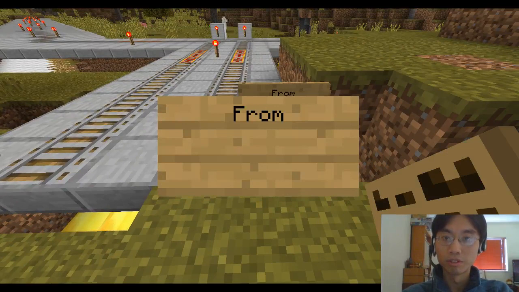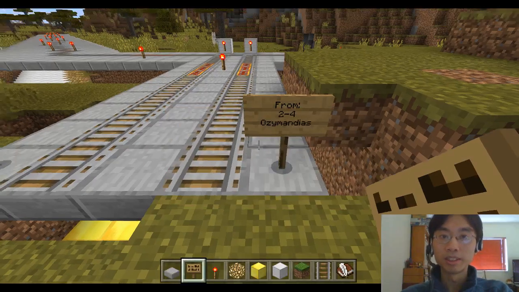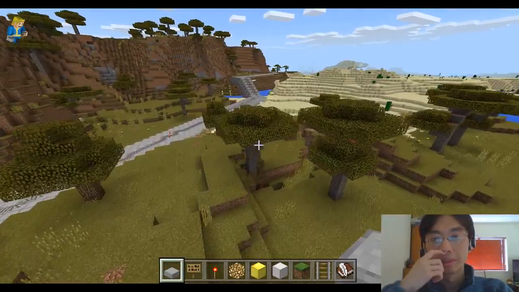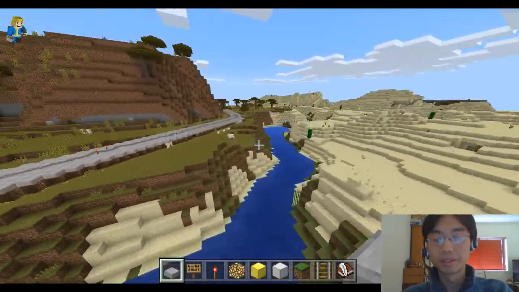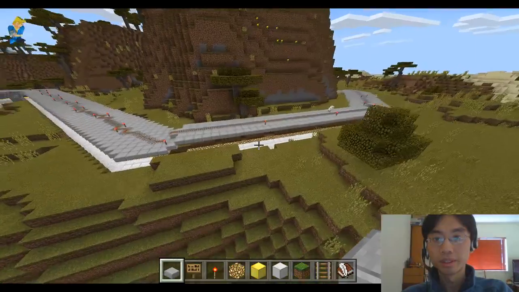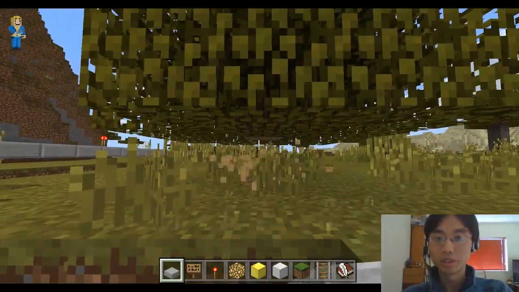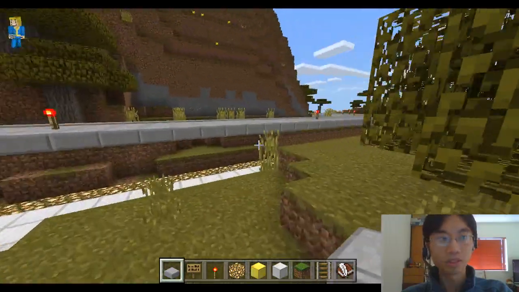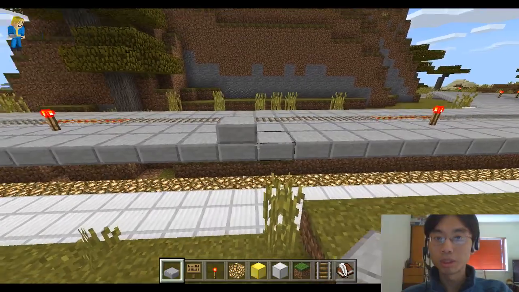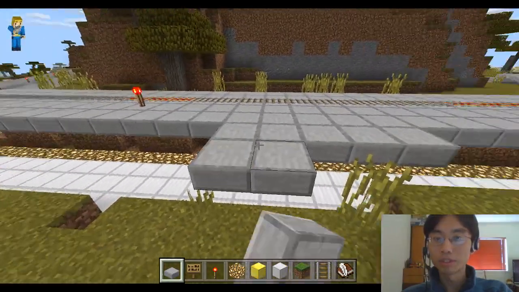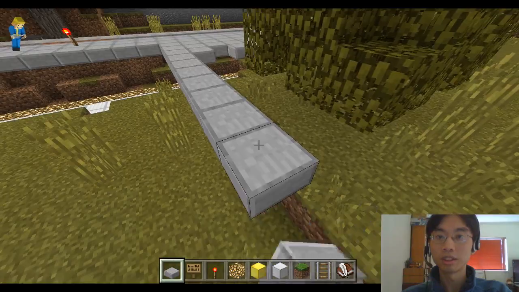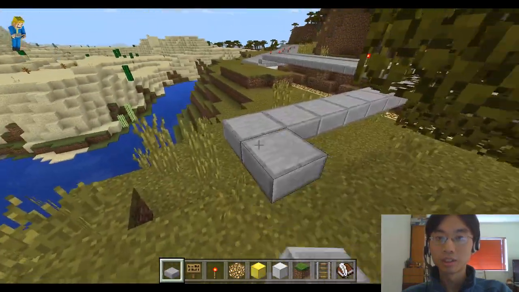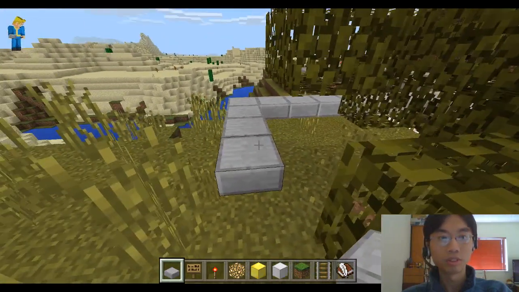And then this side is from 2-4 the Ozymandias. And then here we're going to chop this tree down. Alright, chop that tree down. And then from here, 1, 2, 3, 4, 5, 3, 4, 5, 6, 7, 8, 9, 10, 2, 3, 4, and 5.